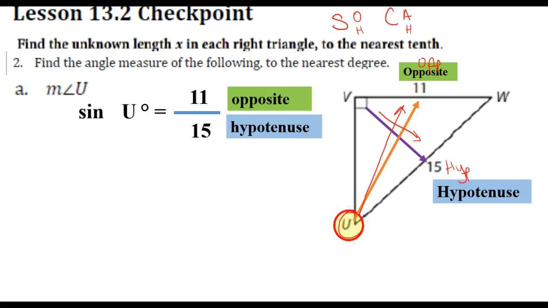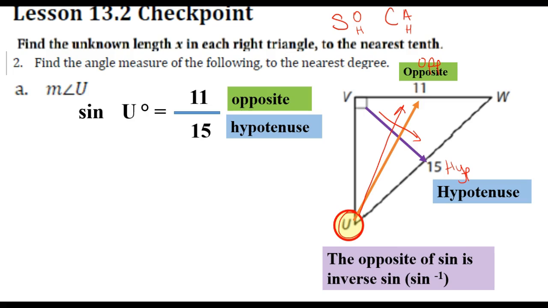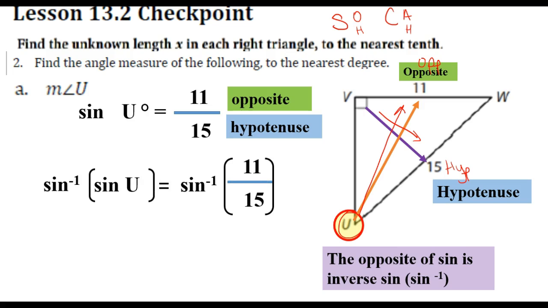And for this one, since I need to find this angle, we're actually going to take the inverse of sine for both sides, and take a minute, find out what angle u would be using your calculator. And that should be about 47.1.